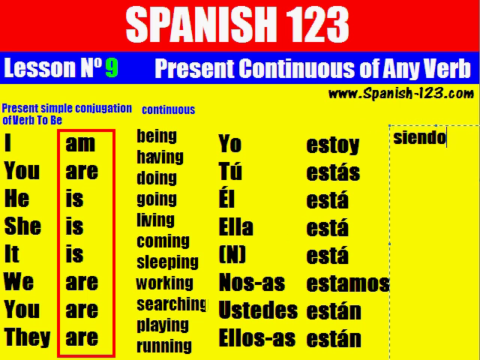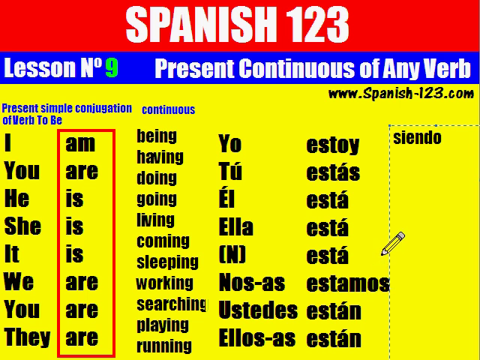Well, here you can use any pronoun. For example, he is being, él está siendo, we are working, nosotros or nosotras estamos trabajando.